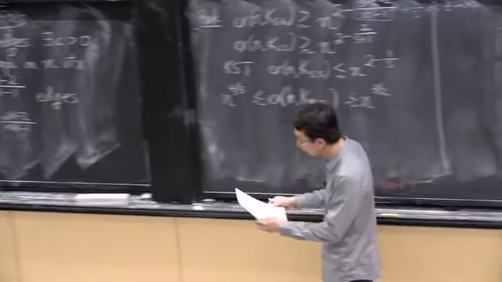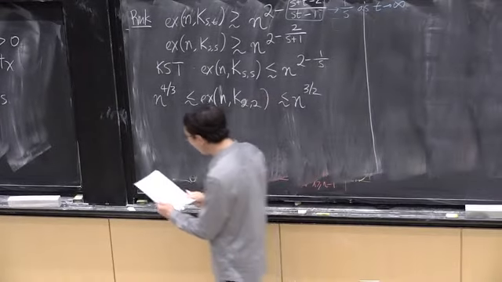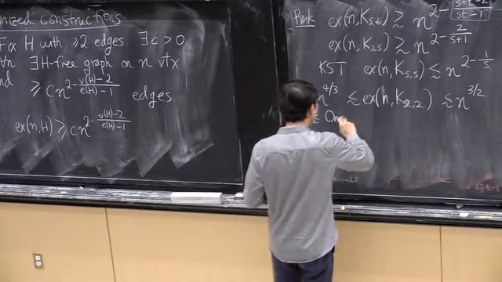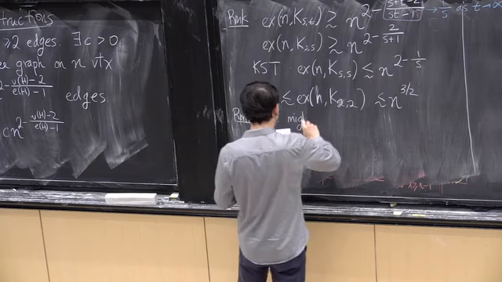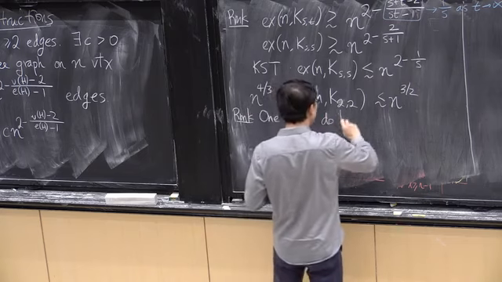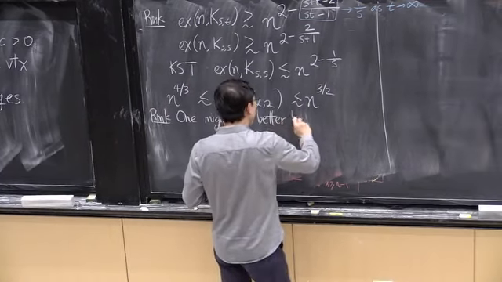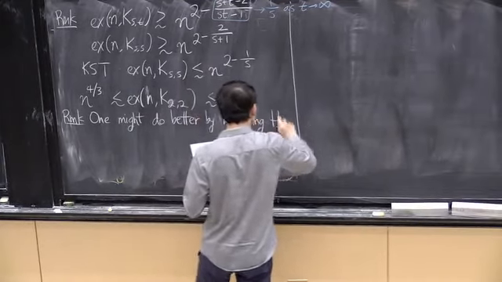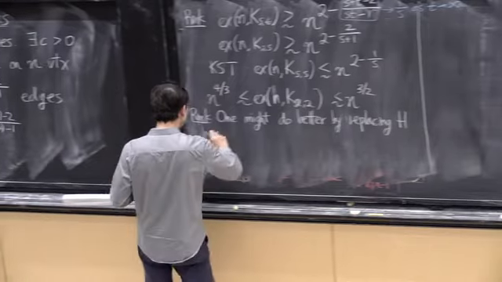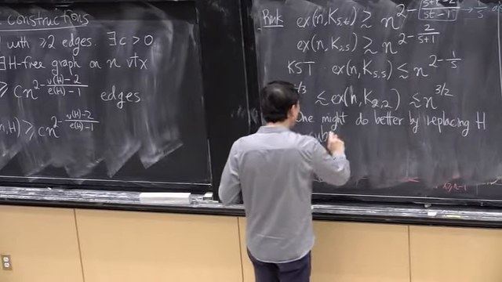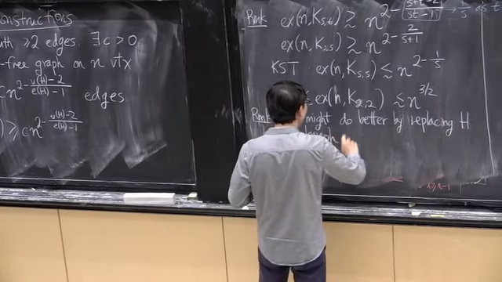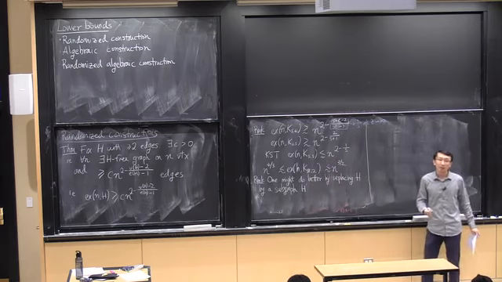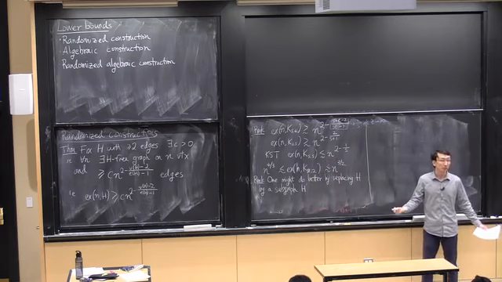In fact, you can use this result to bootstrap it to a slightly better one for some graphs H. For example, one might do better by replacing this H by a subgraph. Because if you have a subgraph H prime and you construct your G to be H prime free, then it is automatically H free.